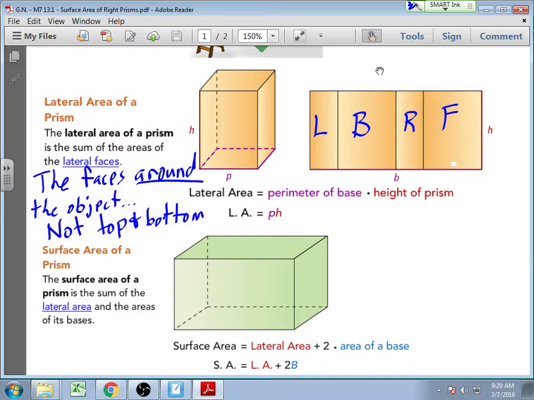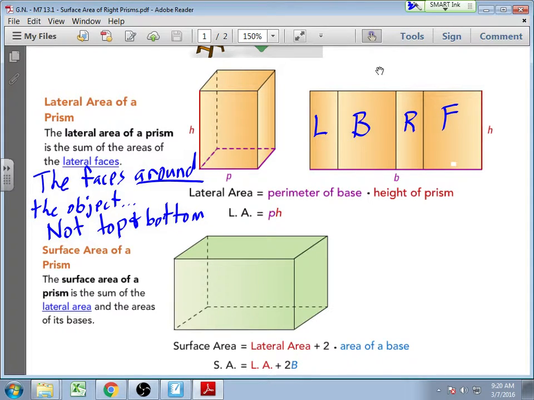Notice we don't have a top and we don't have a bottom. The left and the right will never be attached to each other, because notice the left side over here and the right side over here, they're not attached to each other.